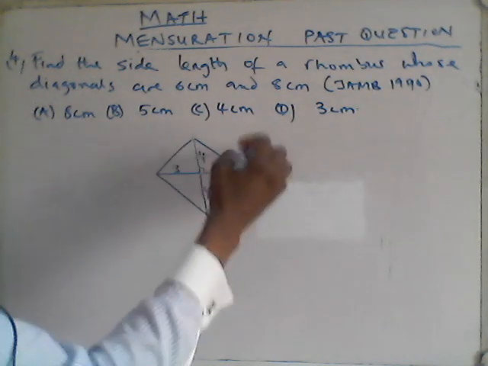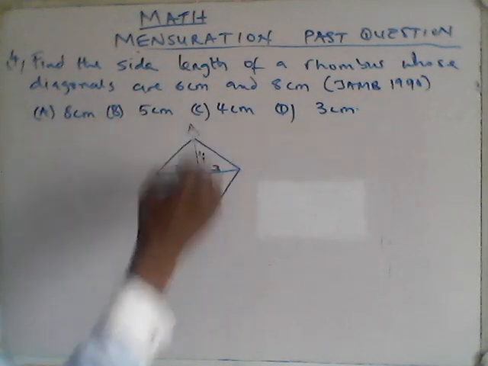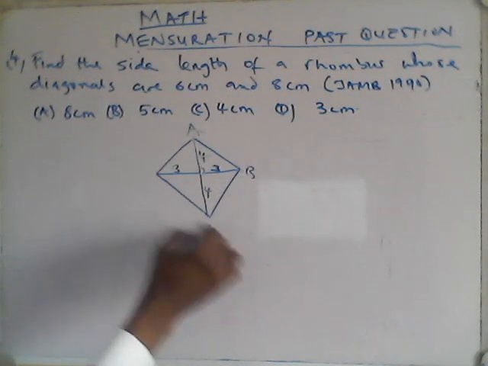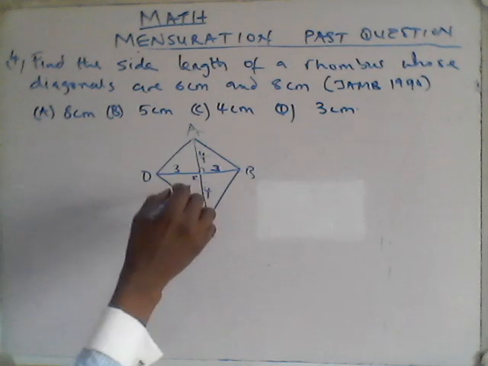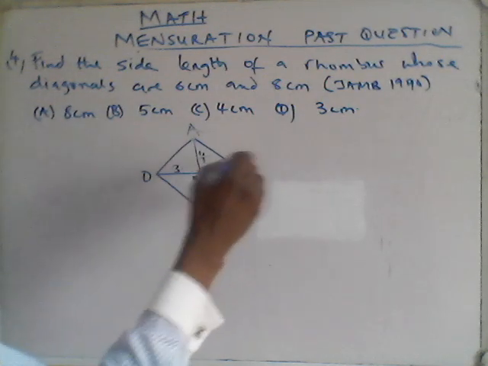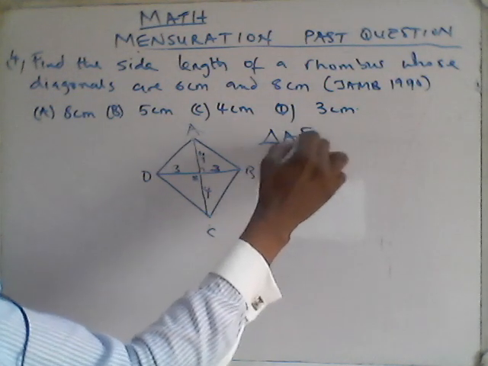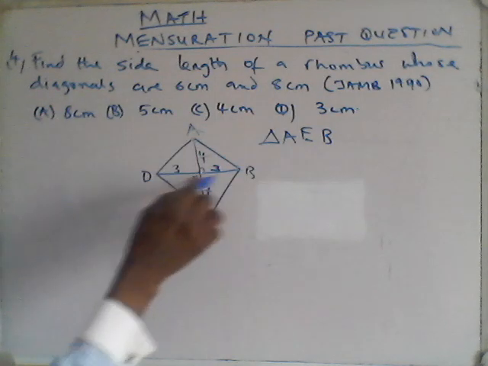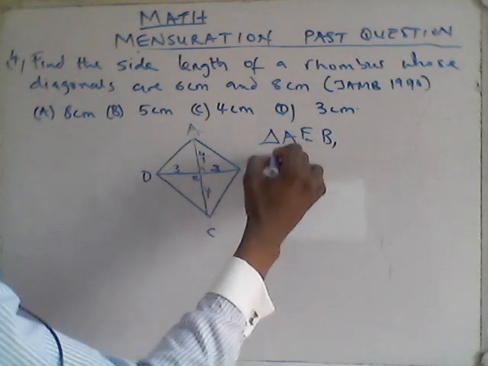So applying Pythagoras theorem to, let me label it. Let me call this one A, B, C, D, and the center is E. So considering triangle AEB, this one. Understand? So we're going to apply Pythagoras to get AB, right?